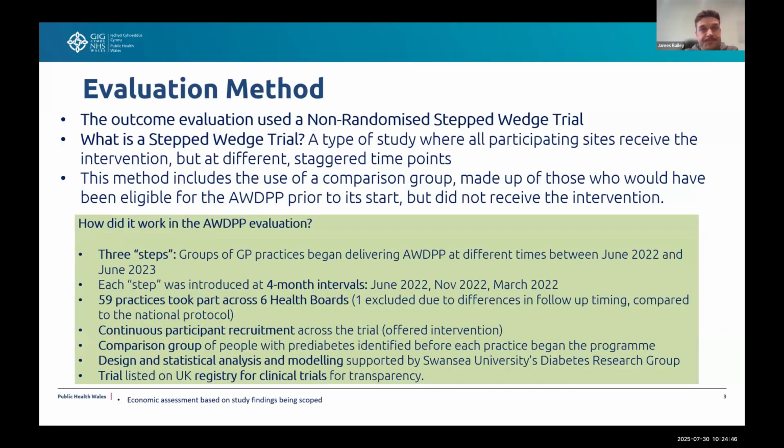So what we did was we worked with the AWDPP team during the design phase to develop the data infrastructure. We developed something called a data entry template that healthcare support workers could upload into general practice IT systems. This would collect a minimum data set that would then be recorded into an individual's electronic health record.